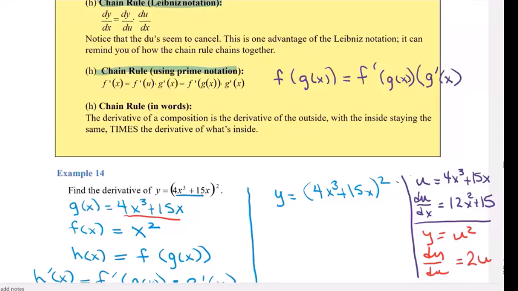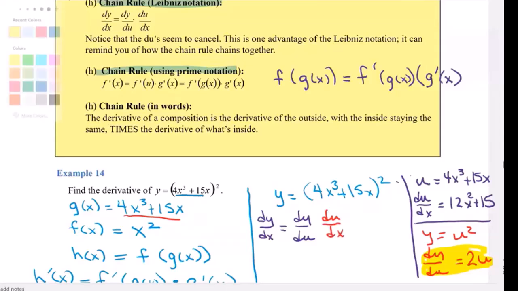Now, Leibniz notation says I can write this dy dx as being equal to dy du times du dx, because I have dy du and I have du dx.